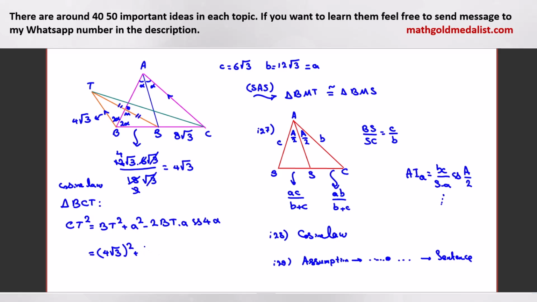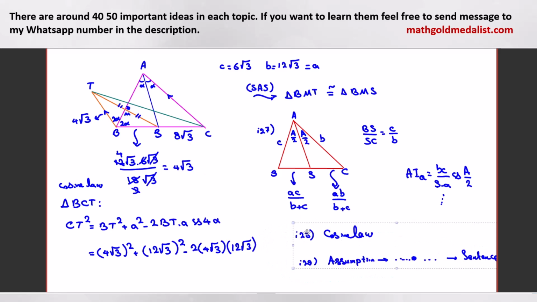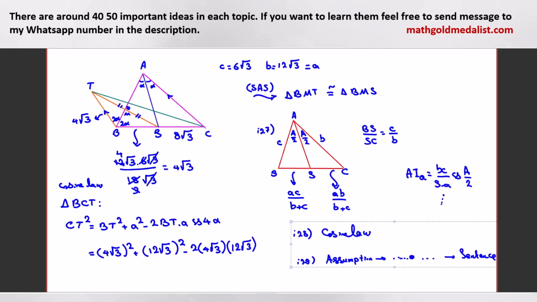BC is 12 root 3 squared minus 2 times BT, 4 root 3, times 12 root 3 times cosine 4 alpha. As you can see, we need to find only cosine 4 alpha.